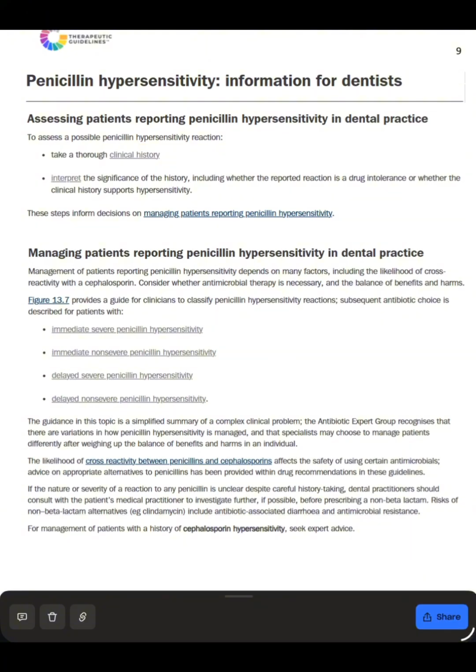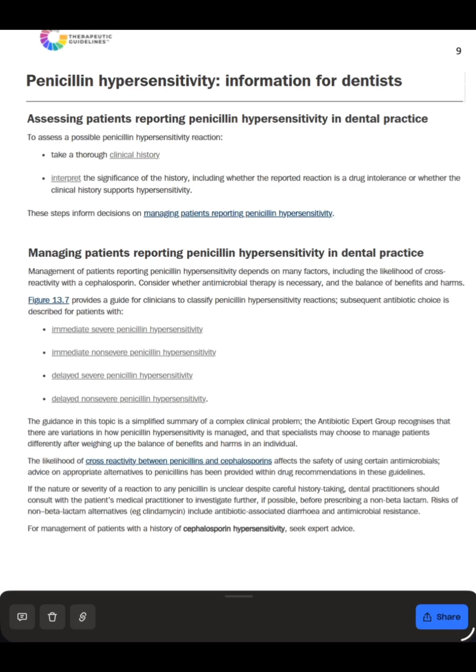Figure 13.7, which we'll read very soon, provides a guide for clinicians to classify penicillin hypersensitivity reaction. Subsequent antibiotic choice is described for patients with immediate severe penicillin hypersensitivity, then immediate non-severe penicillin hypersensitivity, then delayed severe penicillin hypersensitivity, and delayed non-severe penicillin hypersensitivity.